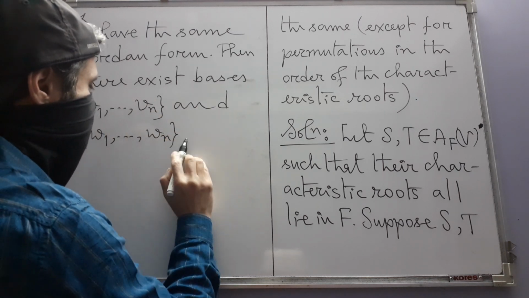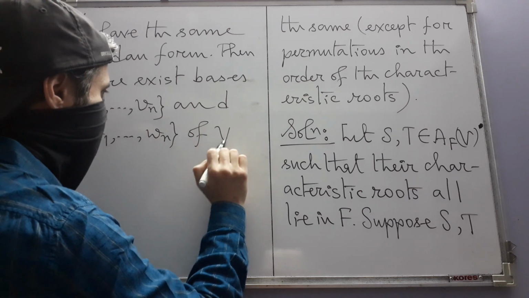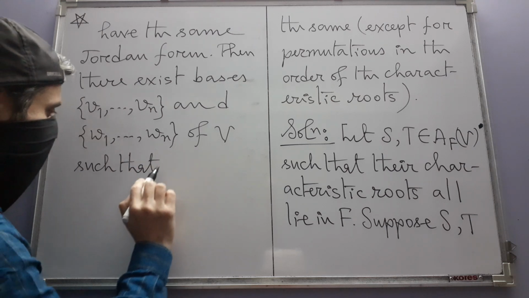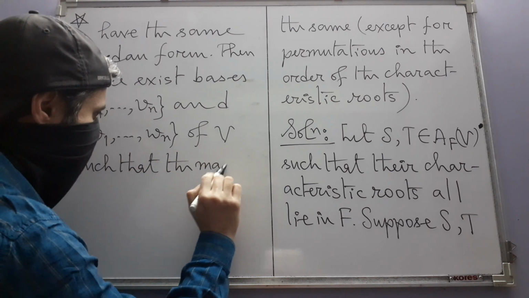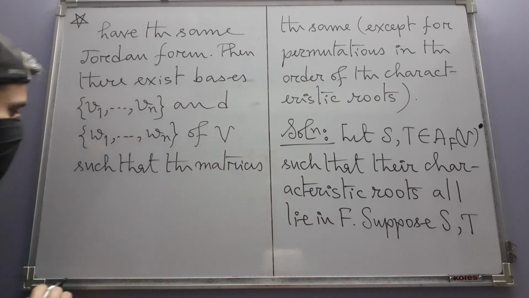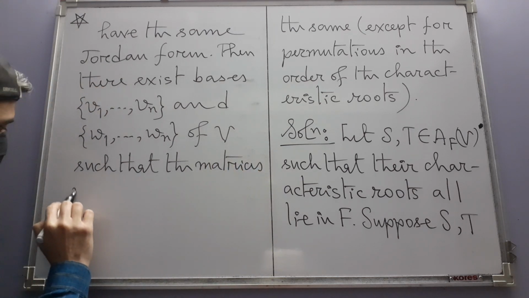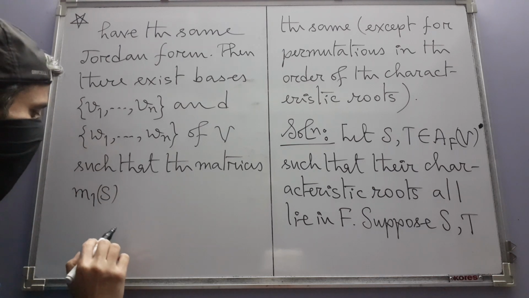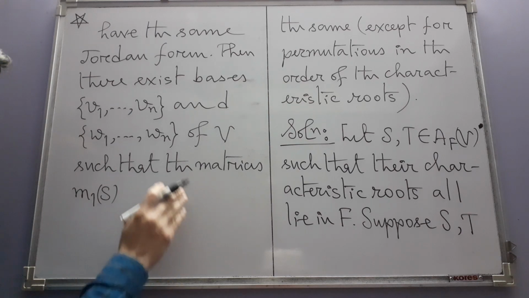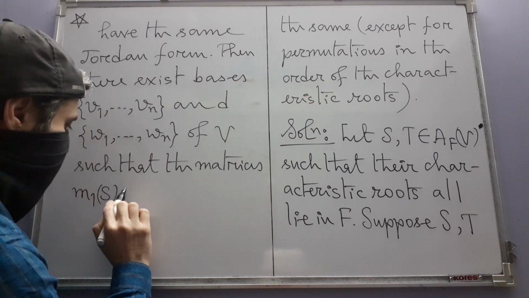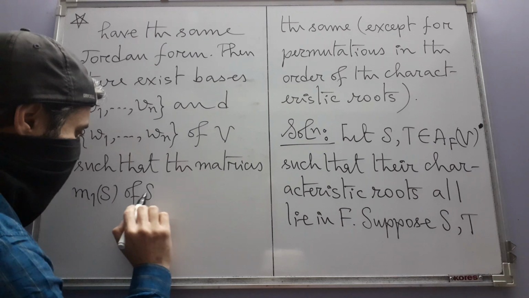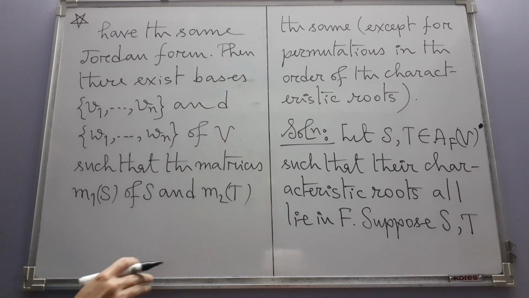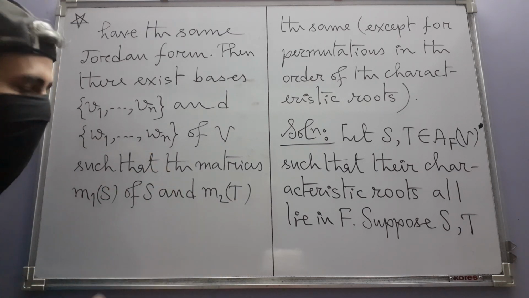So for these bases of V, the matrices M1 of S, which is the matrix of S in the first basis, and M2 of T, which is the matrix of T in the second basis, are in Jordan form.